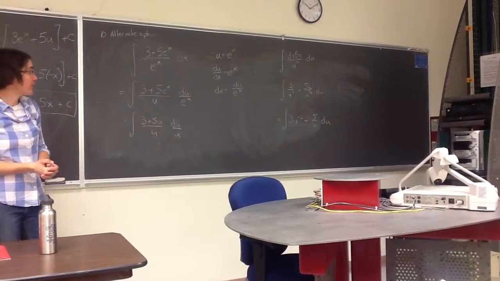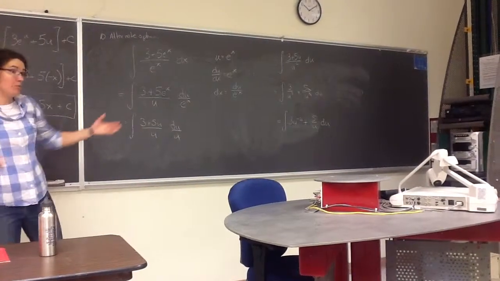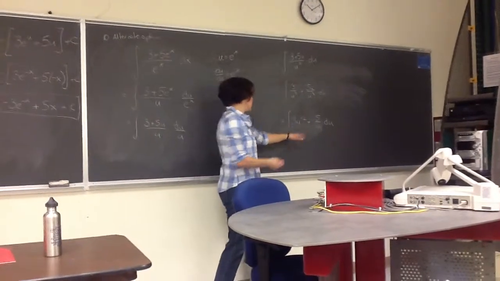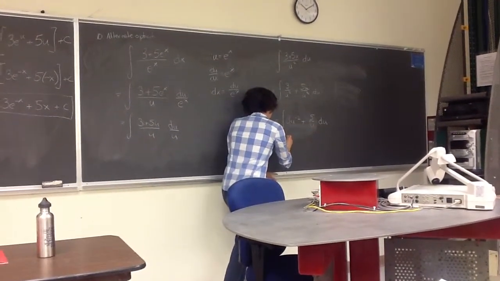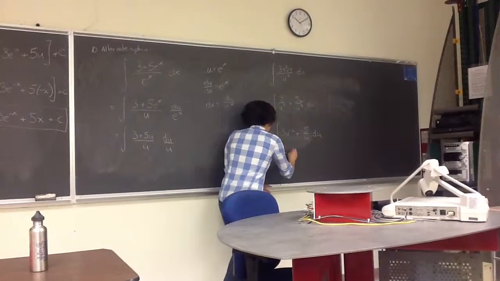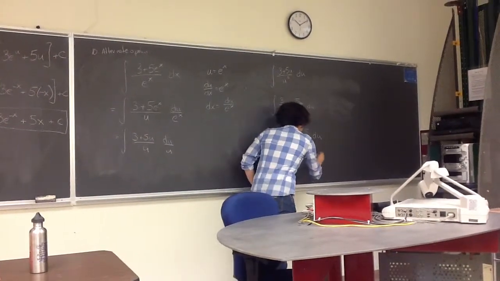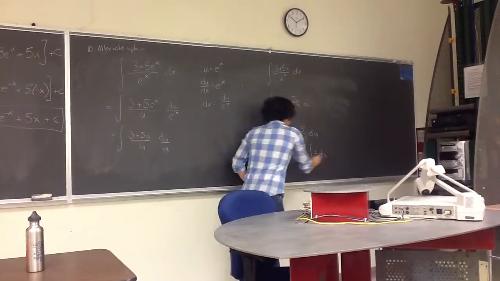All right. So now I've got two separate integrals here. I've got the 3u to the negative 2. I can even write this separately: 3 times the integral of u to the negative 2 du plus 5 times the integral of 1 over u du.